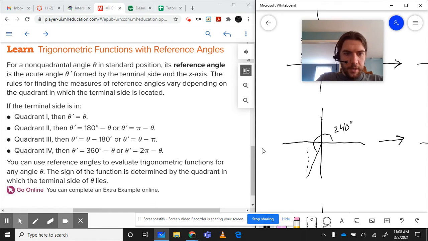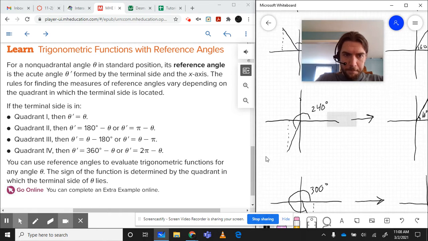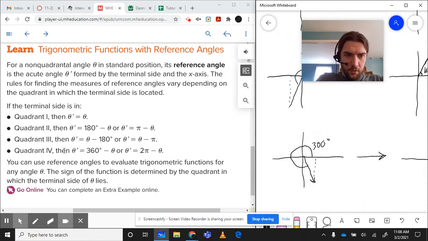For quadrant 4, we would get our reference angle by taking 360 degrees and subtracting off the angle we were given. So if I had a 300-degree angle, then the reference angle would be found by taking 360 all the way around and taking away this piece, leaving you what you have left.